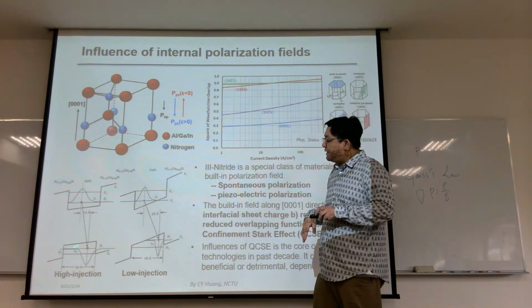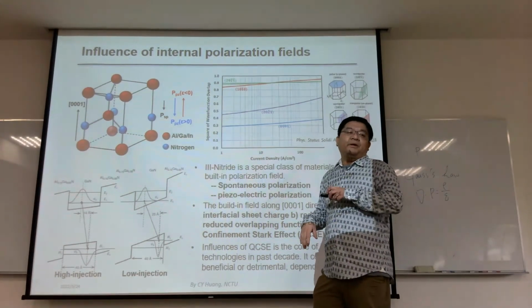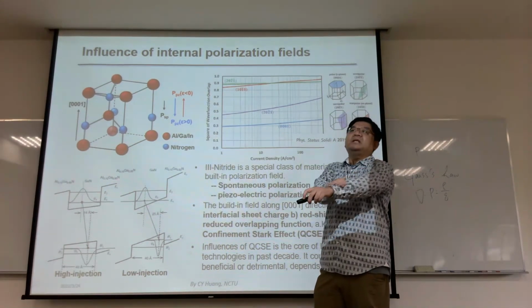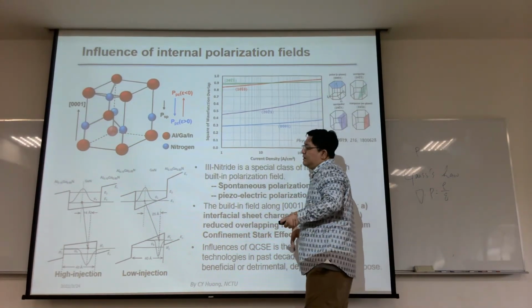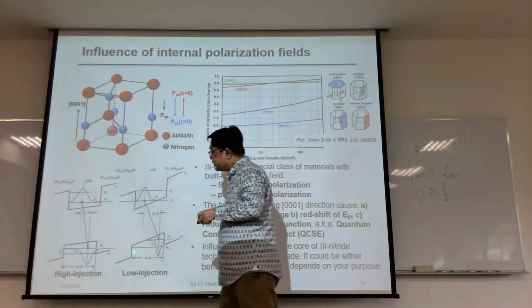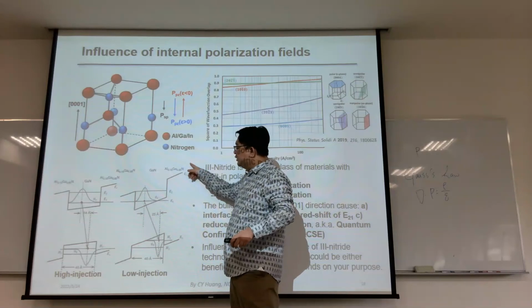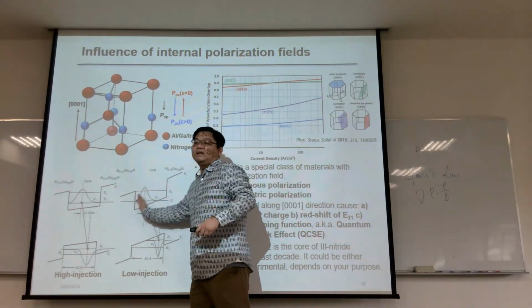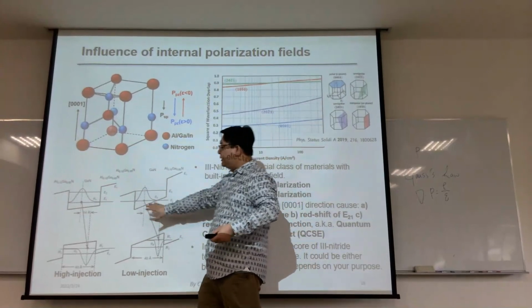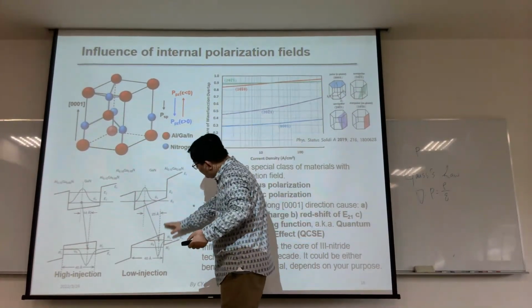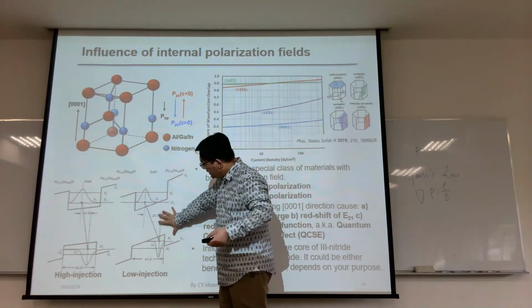So it became a core topic of InGaN LEDs for around 10 or 20 years. But fortunately, under high injection, the newly injected carriers will screen the charges at the boundary, so the band will still eventually flatten. So the transition wavelength at the beginning will be short.